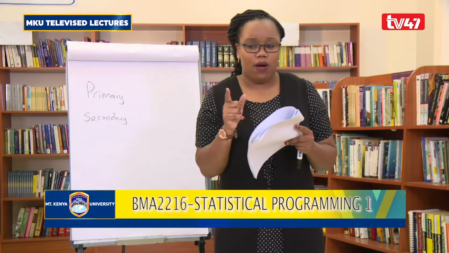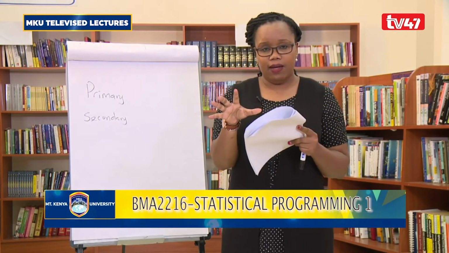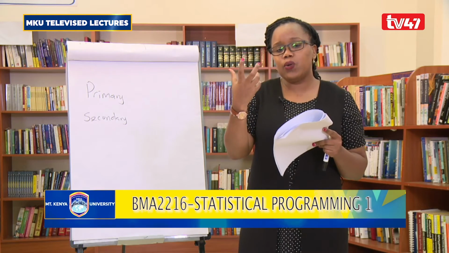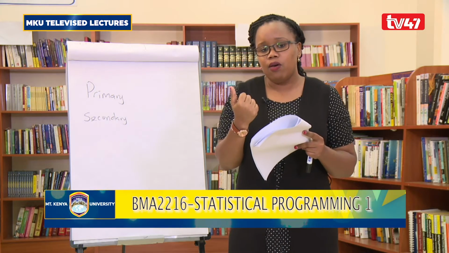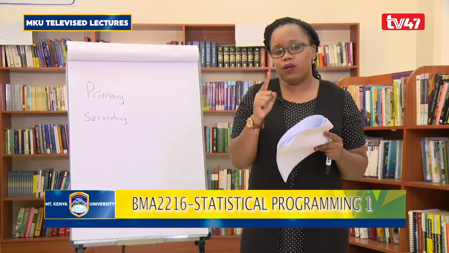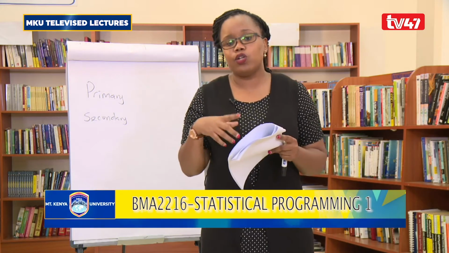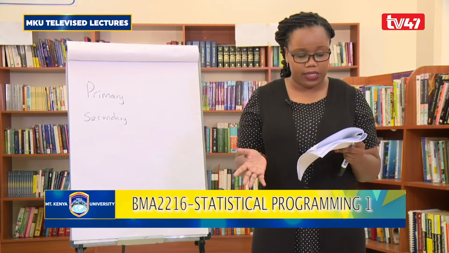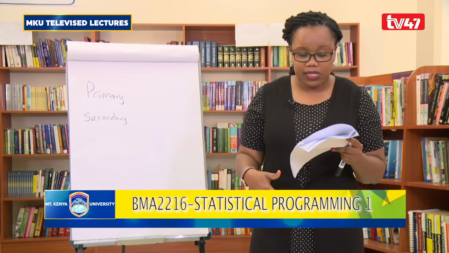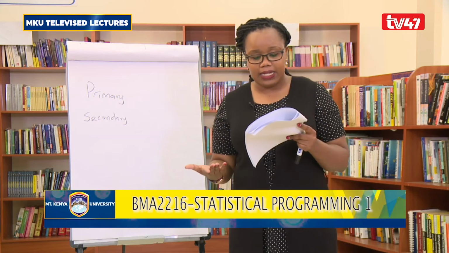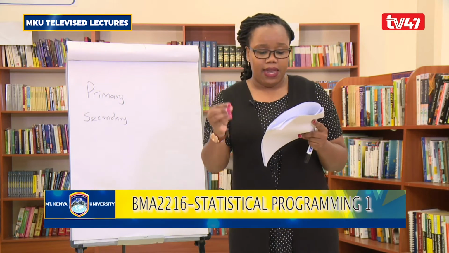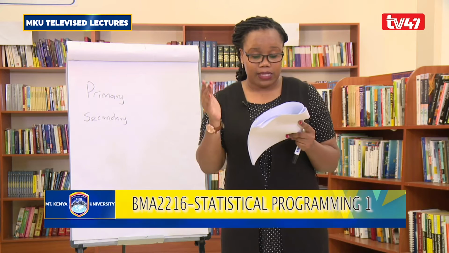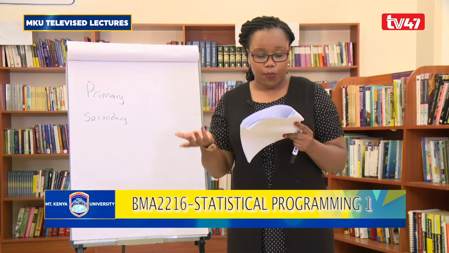To make sure such errors don't occur, when we are looking at sampling methods, the one thing we want to deal with is bias. We want to make sure that as much as possible we reduce it. So sampling methods refers to actually how we select our sample from the population.